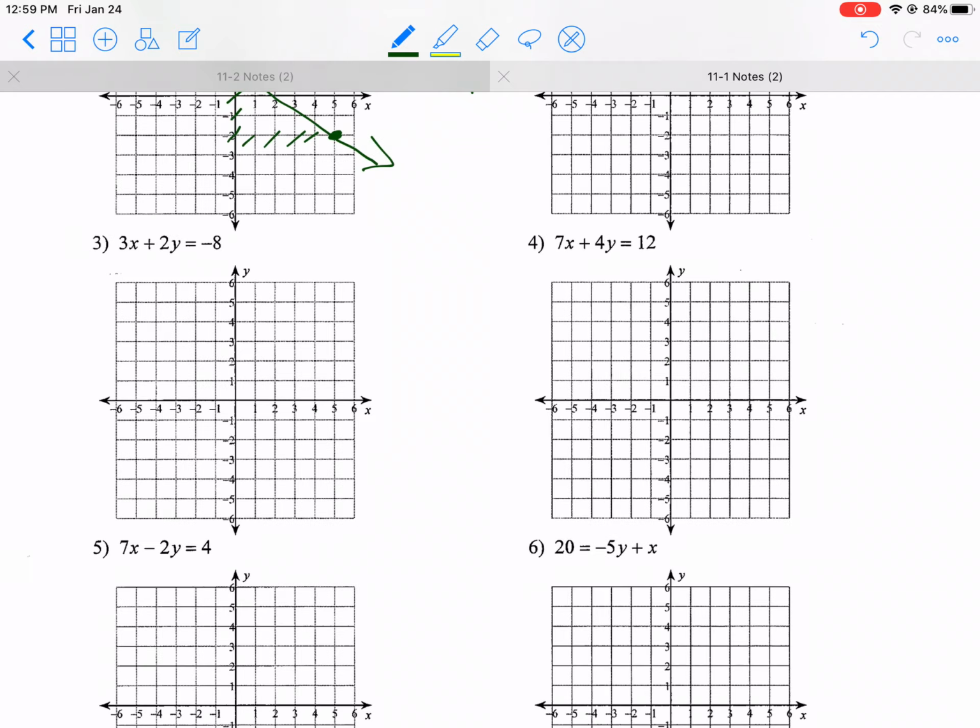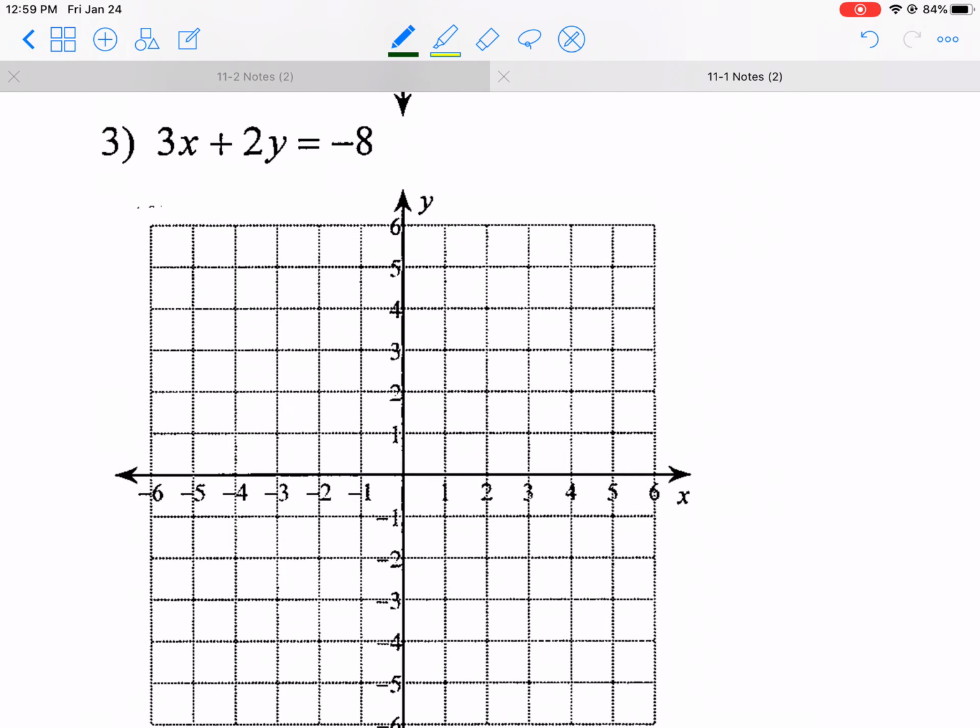Let's do one that is not in slope-intercept form. This one is actually in standard form. As I solve these with students, you can graph this by finding the y-intercept and the x-intercept, but the intercepts here are fractions all over the place. So instead, I'd like you to solve this so that it's in slope-intercept form. In other words, solve it for y.